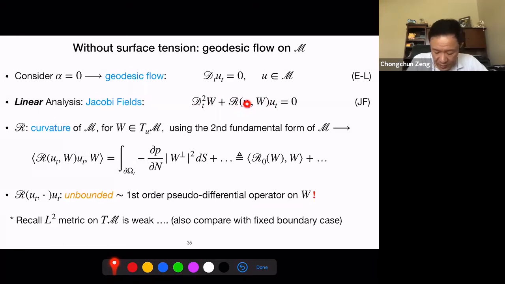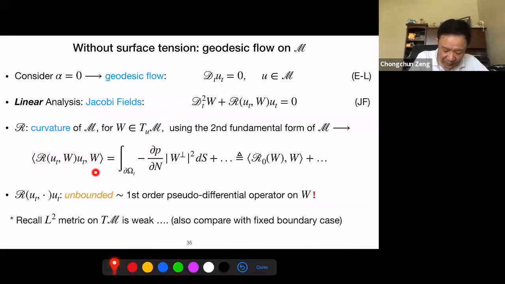And then one can compute this curvature operator. Let me try to give you the definition of the curvature operator, but that's not the most convenient way. There is a formula to compute the curvature operator from the second fundamental form, and the second fundamental form comes from the Hodge decomposition.